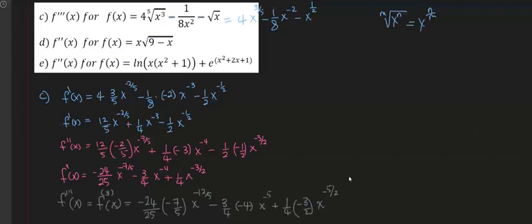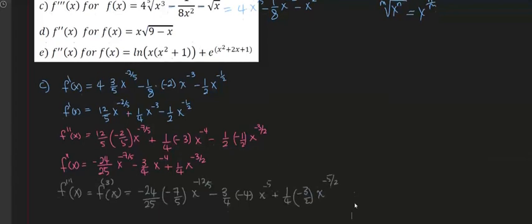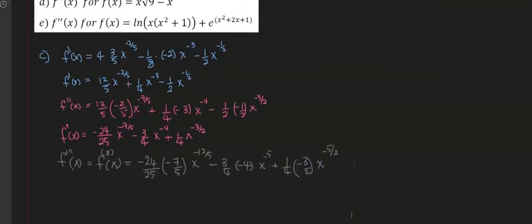We might leave this like this, because that's the last derivative we need to derive, or we might simplify it to have at the end a simplified form. So rewriting it is going to be 168 by 125, and x to the power negative 12 over 5 plus 3, and x is going to be to the negative 5.